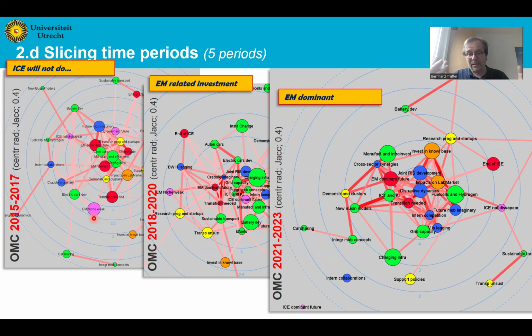Sometimes, the data structure is good enough to really retrace rather fine-grained processes, whereas in other cases, you're just happy to see a categorization over time, a periodization, and illustrate that.